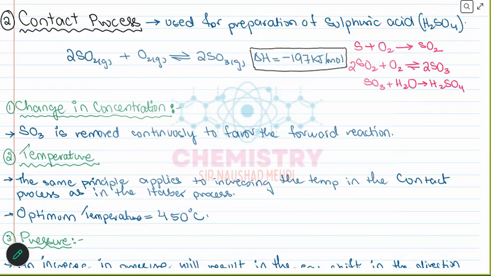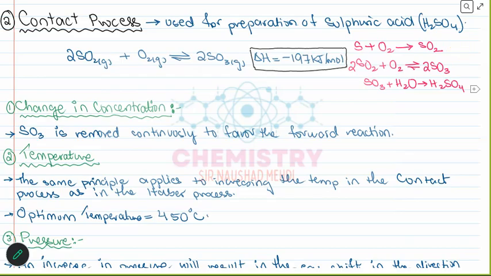Now, in the contact process, we have various steps. The first step: there are two reactants, sulfur and oxygen. We burn the sulfur in the presence of oxygen to produce sulfur dioxide gas, SO2 gas. This is step number one. Is it clear?